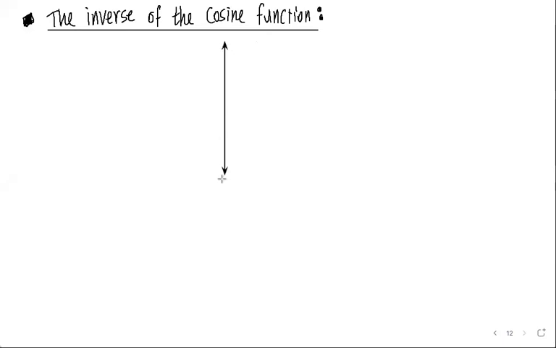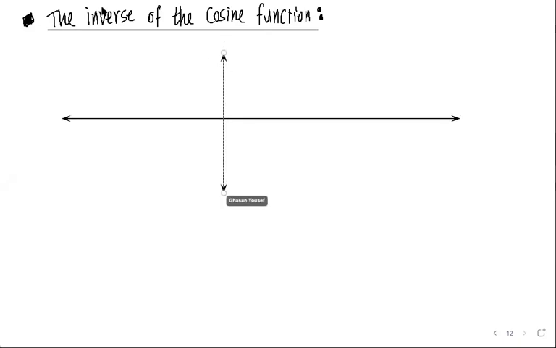Why? Because the graph of the cosine function like this does not pass the horizontal line test. Same things here.